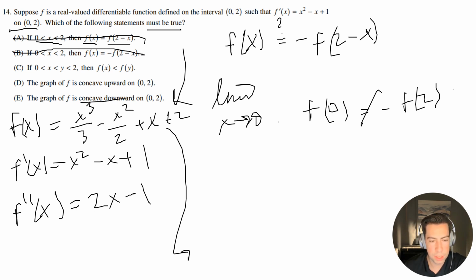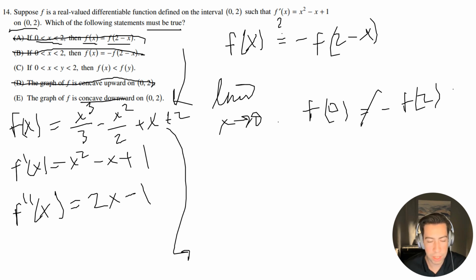C is interesting, but I'll look at that in just a minute. Let's do D. The graph of f is concave upward on [0, 2]. If I make x really close to 0, I'm going to get a negative value, so no.